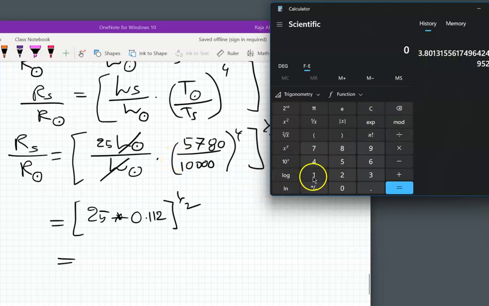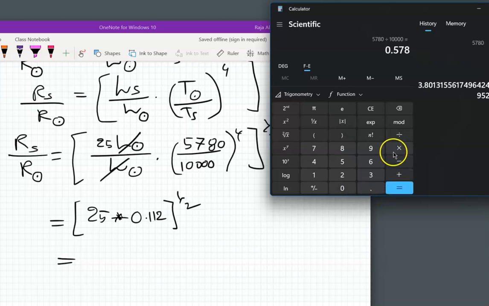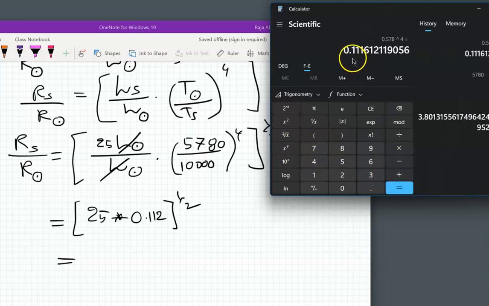So I have here 5780 divided by 10,000. That's equal to this number. I'm going to take it to the power of 4, and I'm going to get 0.11. There it is right there, which is correct. And I'm going to multiply this.